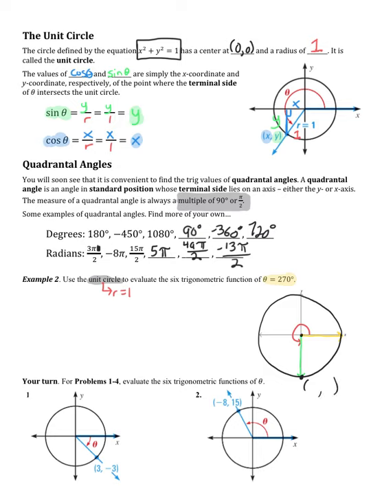I know the center of the circle is going to be 0, 0, but what are the coordinates of that point down there? If the radius is 1, I'm exactly 1 unit away and I'm going straight down. Any guesses what the coordinates are going to be? Just think about XY coordinates on the circle.